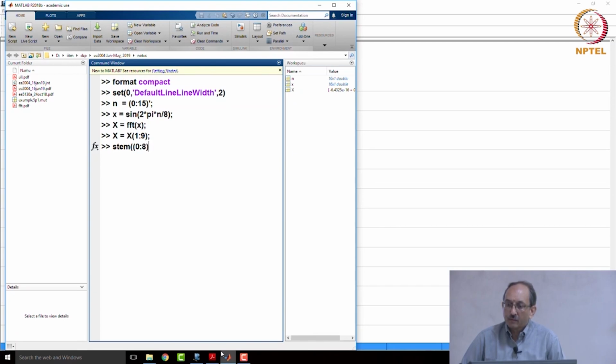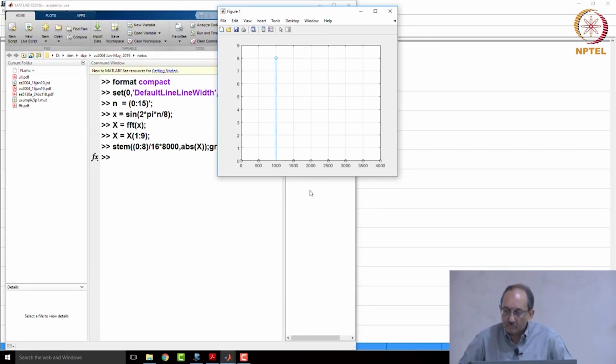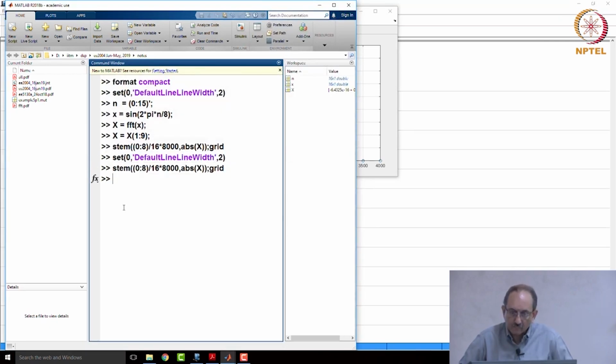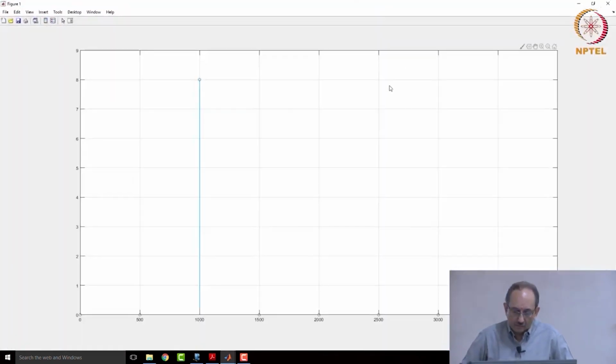I need to divide this, remember I need to do k by N, so this is 16 times Fs, and then abs of x.